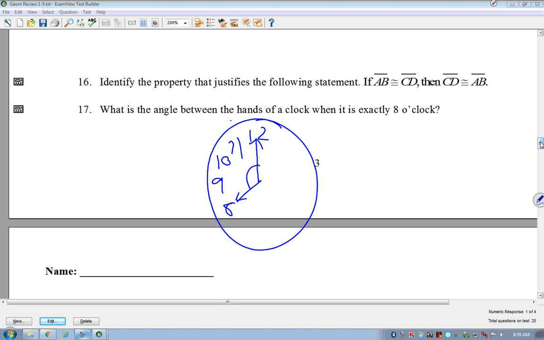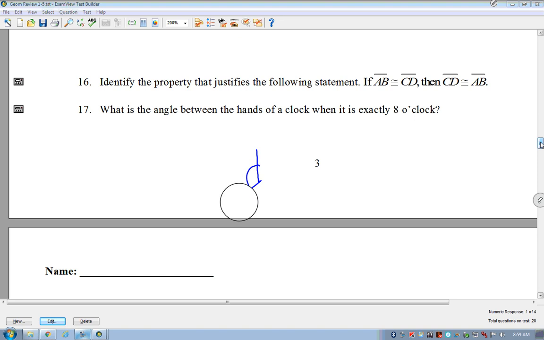Because we're looking for this angle, we're not going further around, so it's 120 degrees. You guys won't probably deal with very many negative degrees. All right, so we stopped there.